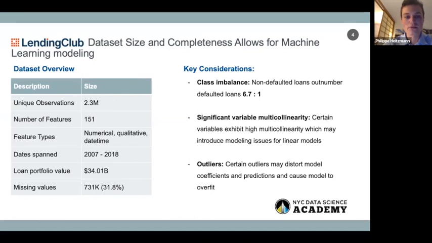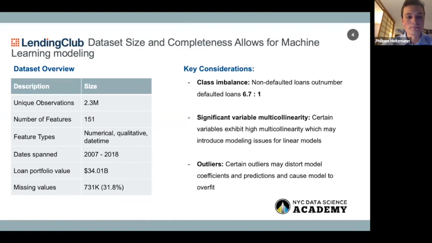And so this large data set is perfect to apply machine learning techniques to create statistically significant, robust, and accurate machine learning models that you can then leverage to make loan predictions and try to invest in these loans.